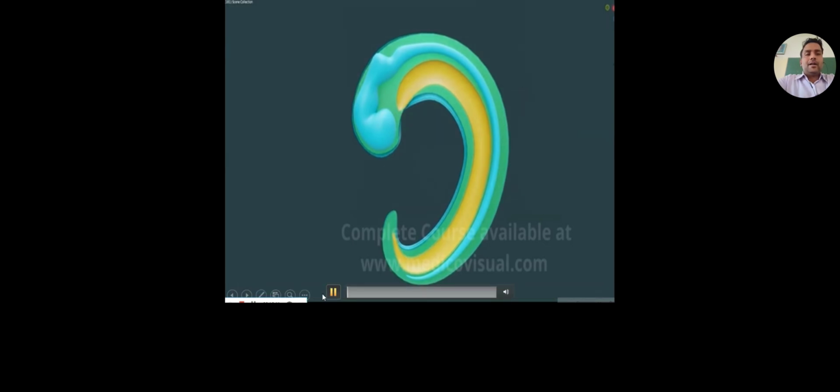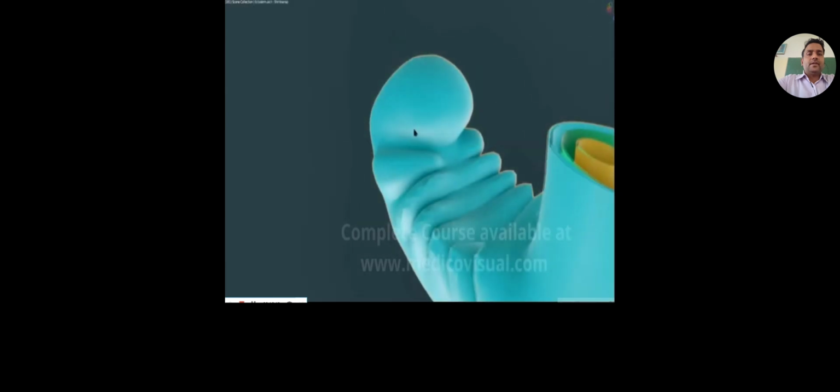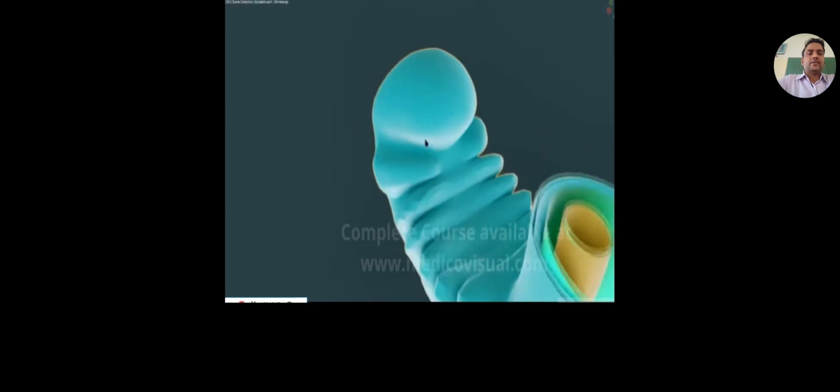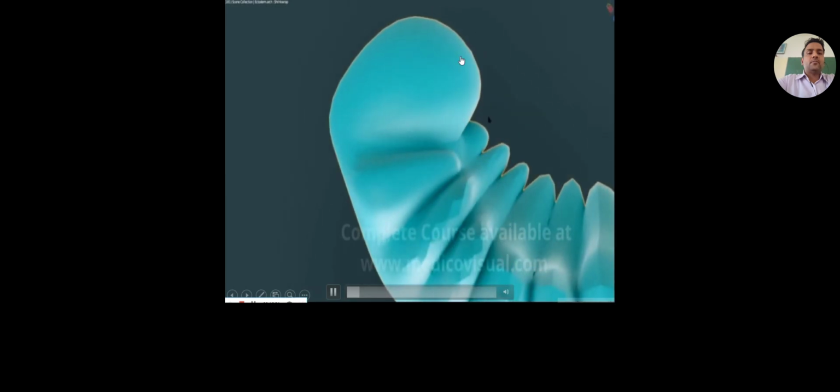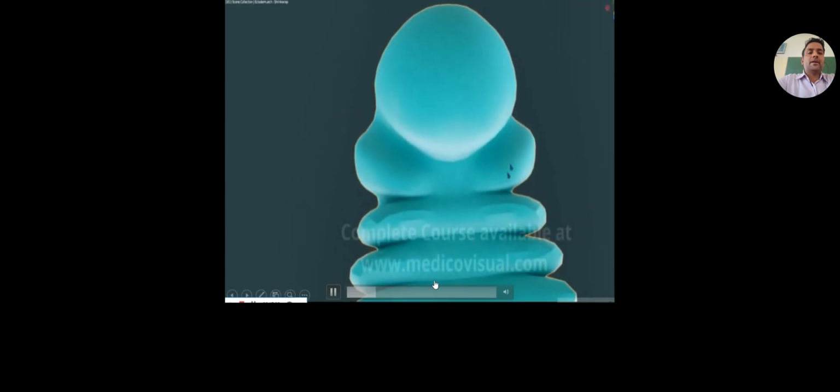How? Let us try to understand with this animation here. We can see these are the surface elevations formed around the developing face there. There is a frontonasal process, and these are pharyngeal arches, you can see covered outside by the ectoderm. That's the first arch, having 2 processes, ventral maxillary and dorsal mandibular processes.